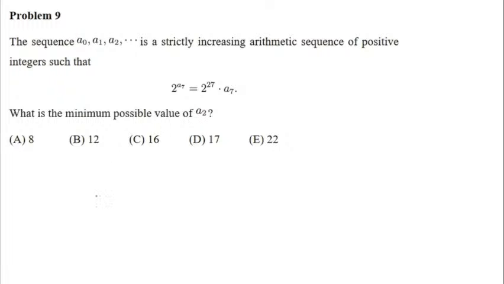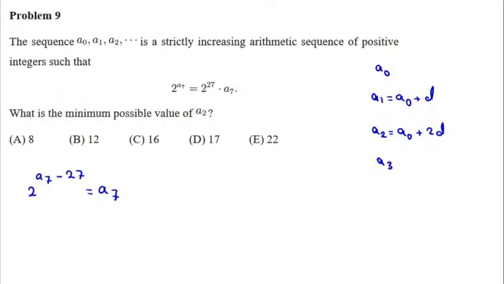Okay, so if you divide both sides by 2 to the 27, it will be 2 to the A7 minus 27 equal to A7. Now, I know A0 is A0, A1 is A0 plus D, A2 is A0 plus 2D, A3 is, for example, A0 plus 3D, and we can say AN is A0 plus ND.